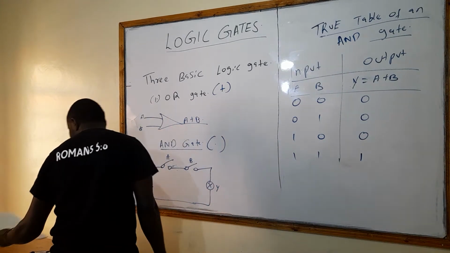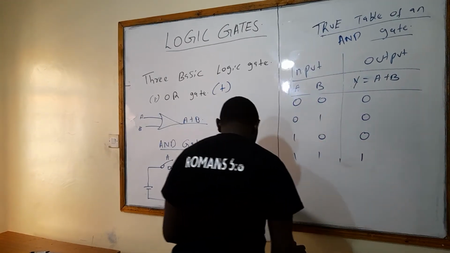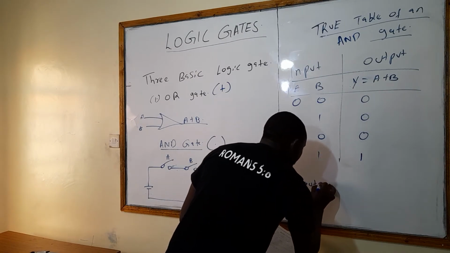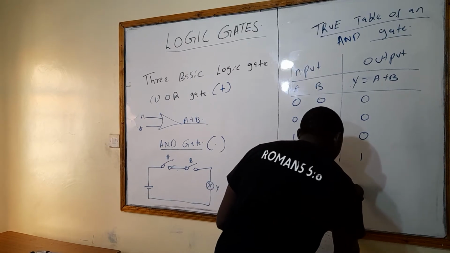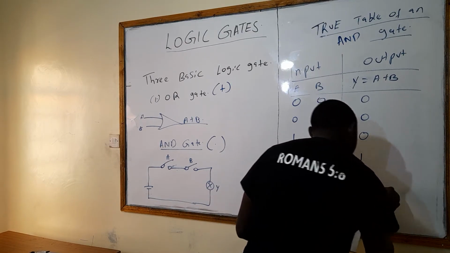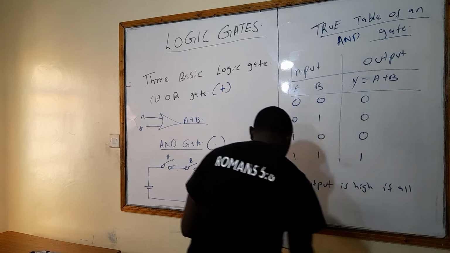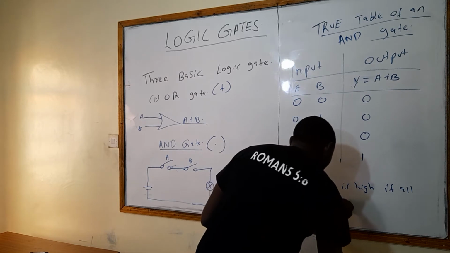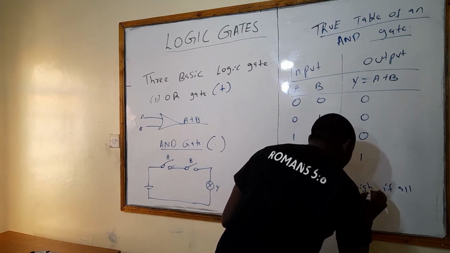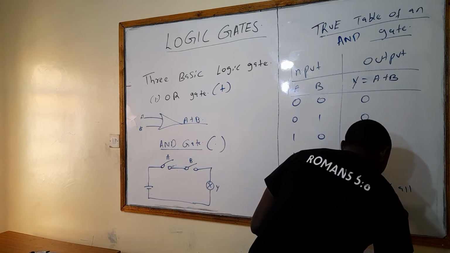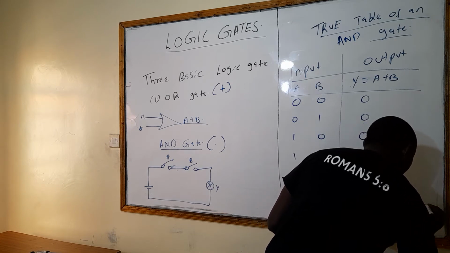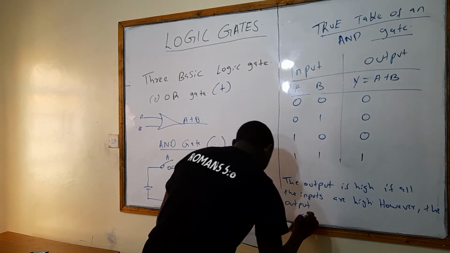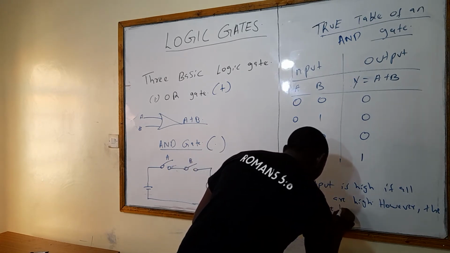NB, you can say something small on the AND gate. The output is high if all the inputs are high.